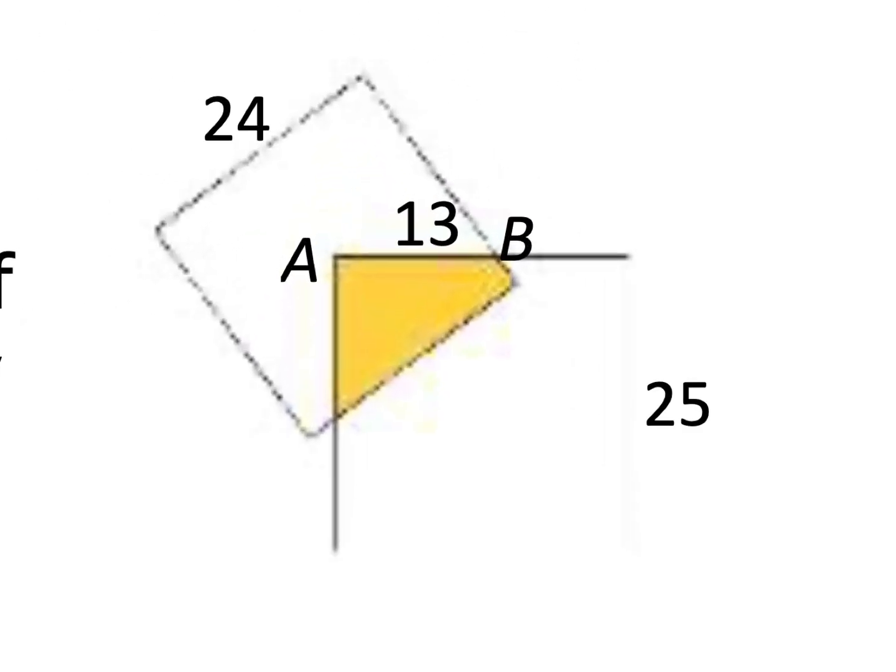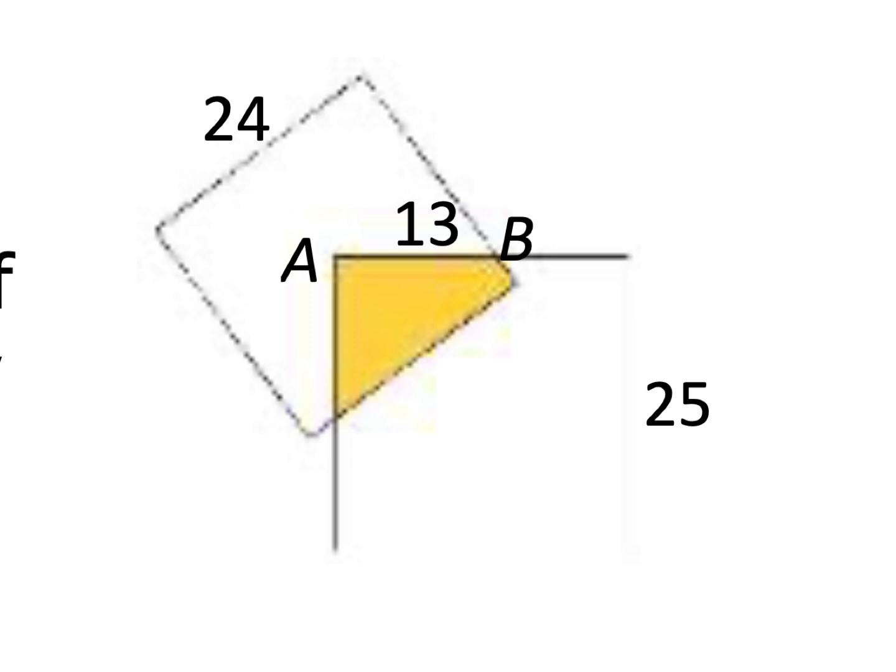So now there's two ways to do this problem, right? The first way is to observe from common sense, I guess you can say, that these two lengths are identical, right?